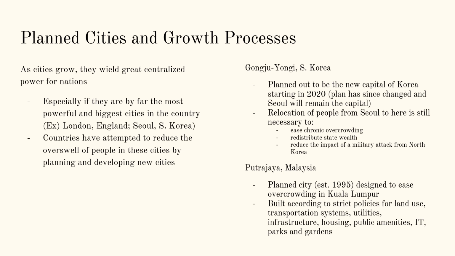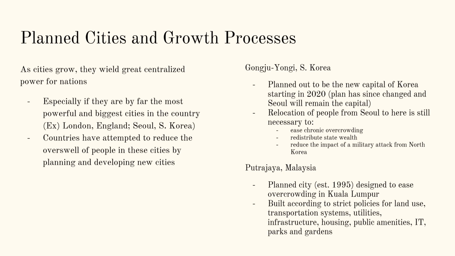And so countries have attempted to reduce the overswell of people in these cities by starting to plan out some new cities. For Seoul, there was a city called Gwangju Yonggi, and this was planned to be the new capital of Korea starting in 2020. They've since changed the plan and have determined that Seoul will remain the capital.